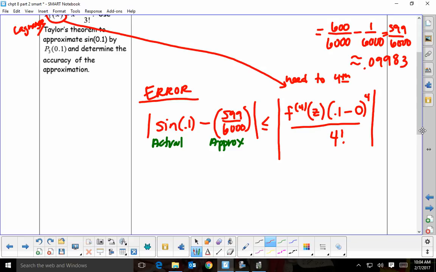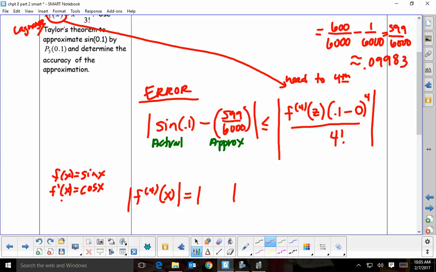Okay, so again, we're back to that tricky part that we practiced. What is the fourth derivative of just x? Well, what was our original? What was f of x? Sine x. What's the first derivative? Cosine x.